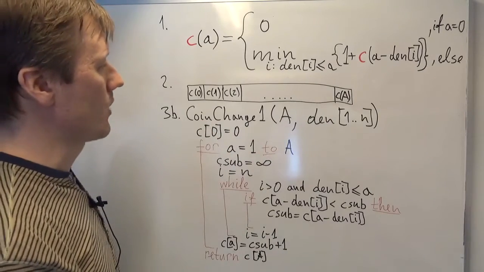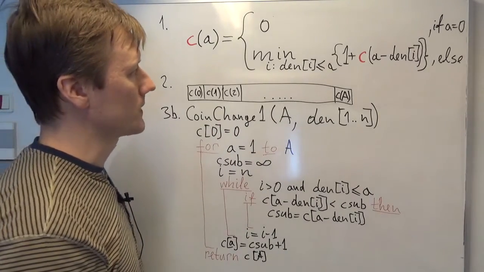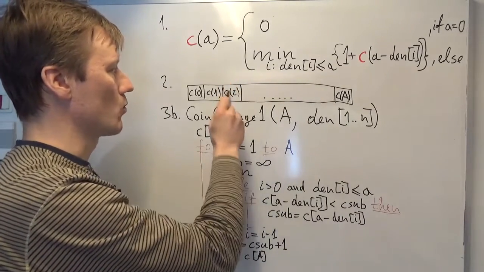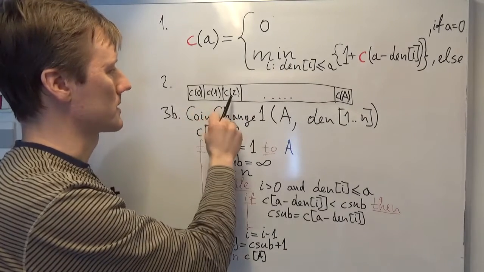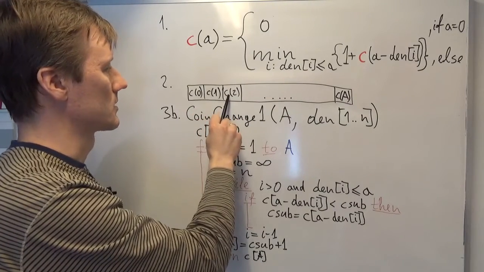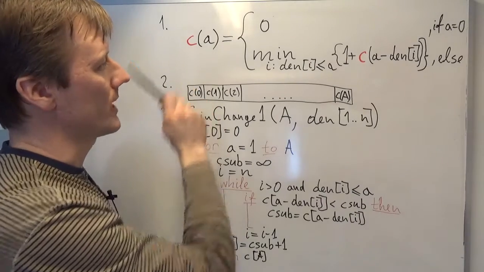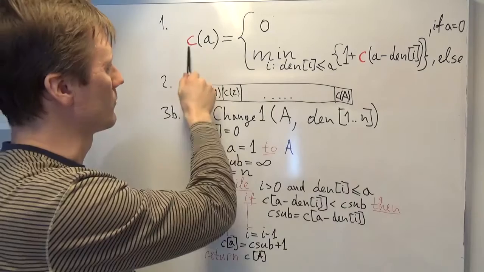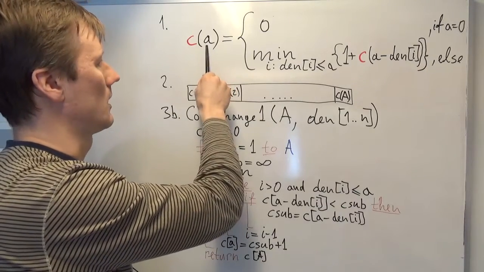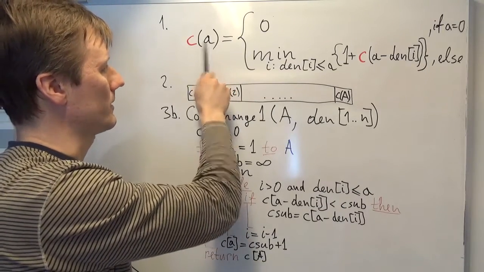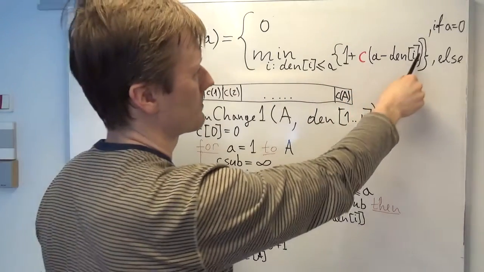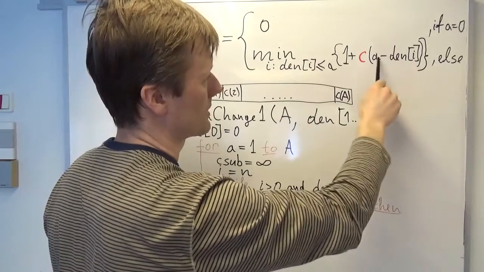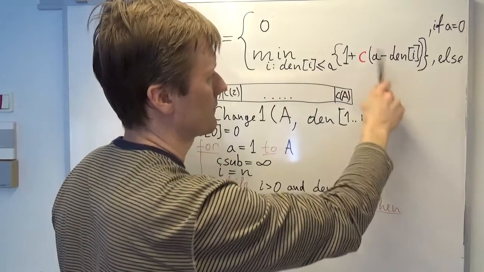Then we have to ask in which order we have to fill this table so that when we are solving a given subproblem, we already have all the subproblems that we need solved. For that, we look at our recurrence and see that when we are solving the subproblem identified by a parameter A, we need subproblems identified by smaller parameters, A minus something positive.